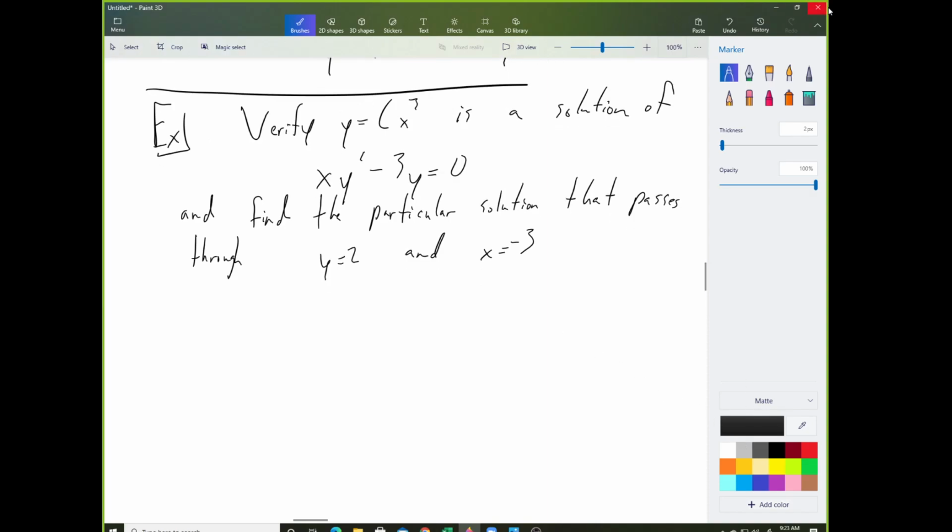Alright, so start playing with this one. I have faith in you. You know what your y is. I believe in you and your ability to take its derivative. Once you've taken the derivative, plug the original function and the derivative back into the equation and tell me if it works.